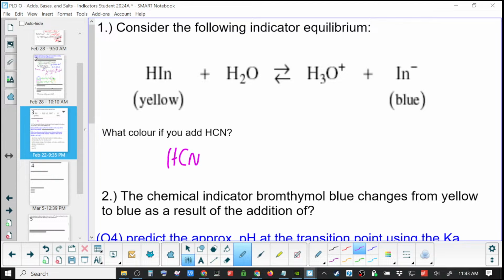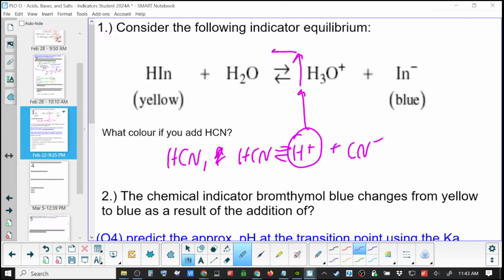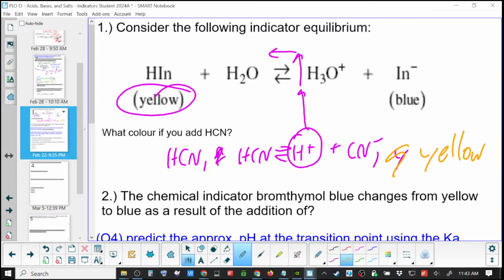HCN increases plus H2O goes to H3O. Here's a mnemonic that may help you, because you'll do this a lot.